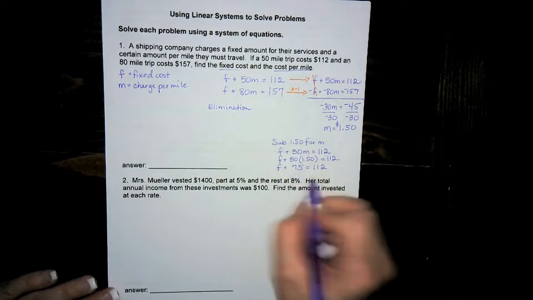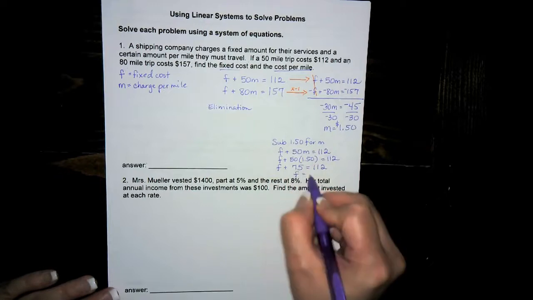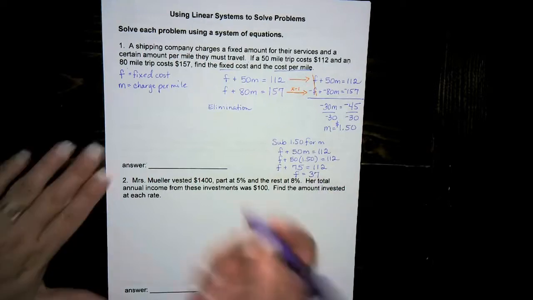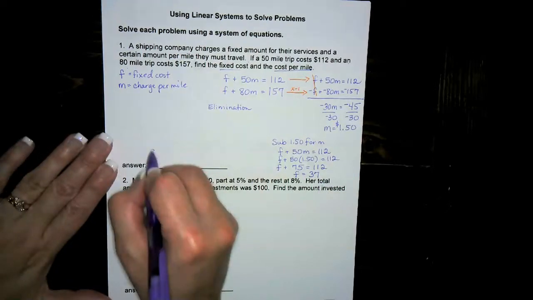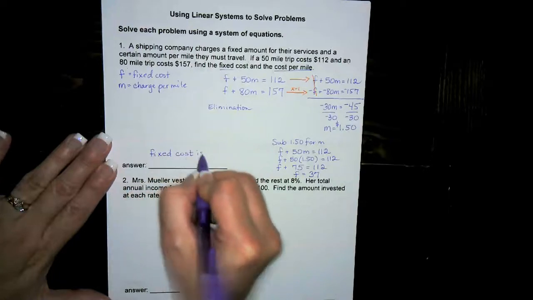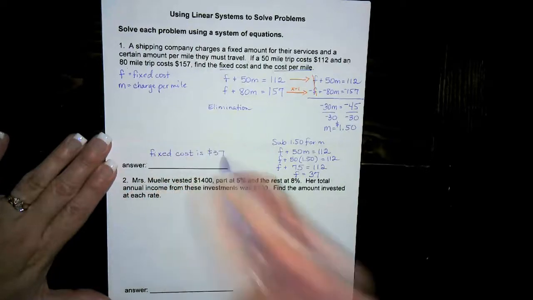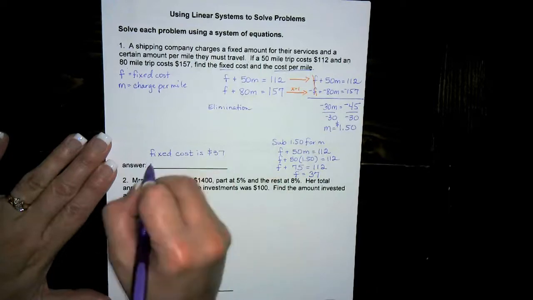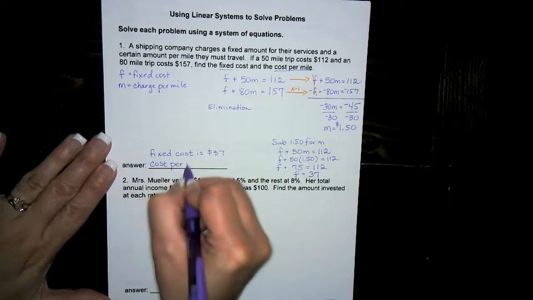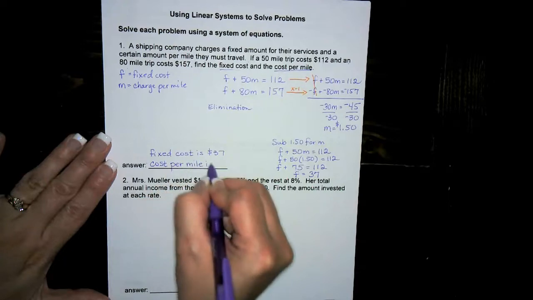And then you can subtract 75 from both sides, and I'm going to get 37. So my answer is that the fixed cost is $37 and cost per mile is $1.50.